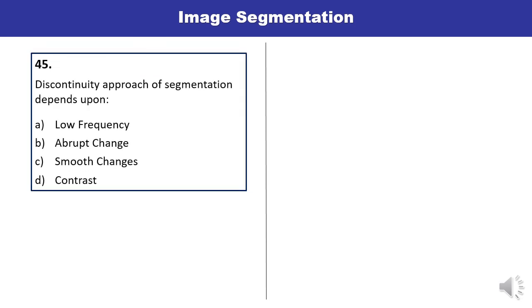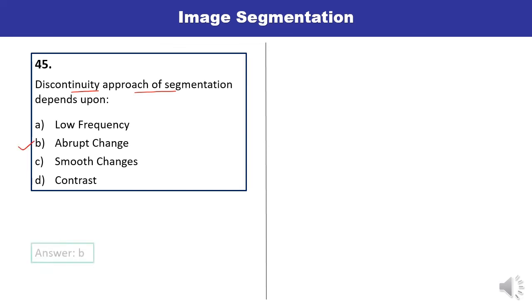Question number 45 is, discontinuity approach of segmentation. Discontinuity approach of segmentation depends upon what? Low frequency, abrupt change, smooth change or contrast. So it actually depends upon the abrupt change.